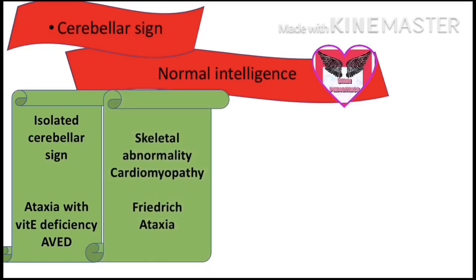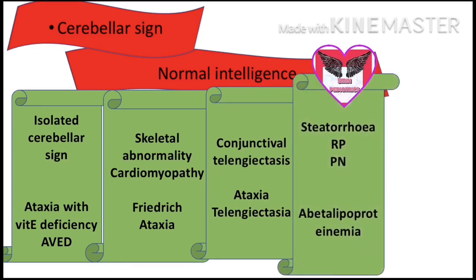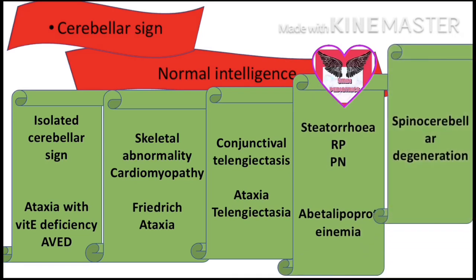If there is a skeletal abnormality like pes cavus, kyphoscoliosis plus cardiomyopathy, we have Friedreich ataxia. Okay. If there is conjunctival telangiectasia, then ataxia telangiectasia. If cerebellar sign with normal intelligence with steatorrhea, retinitis pigmentosa, peripheral neuropathy, we have abetalipoproteinemia.